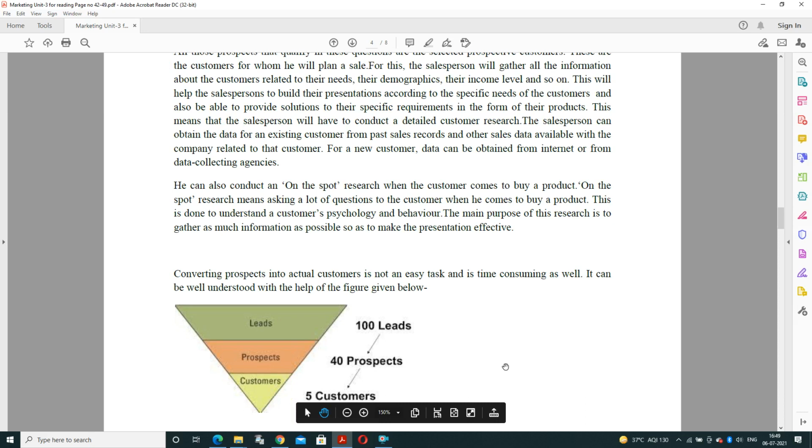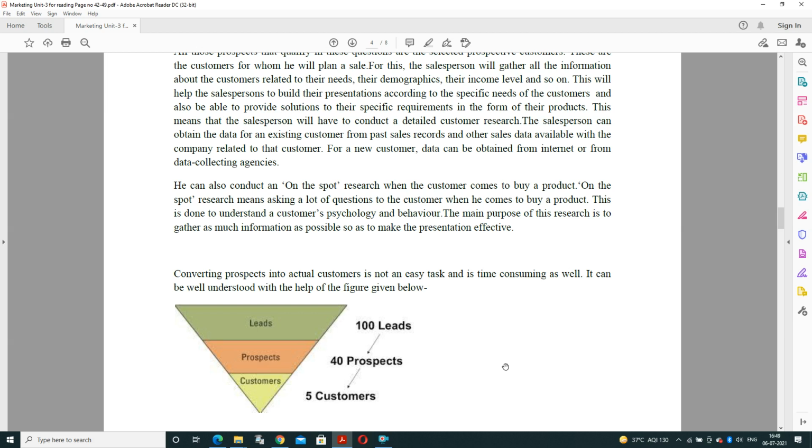An agent has to put in a lot of effort and it is time consuming as well. It can be well understood with an example. Suppose a salesman meets 100 people. 100 leads are there. And out of 100 people, he finds out that 40% can take your company product. It means these are the prospective customers who can take it.